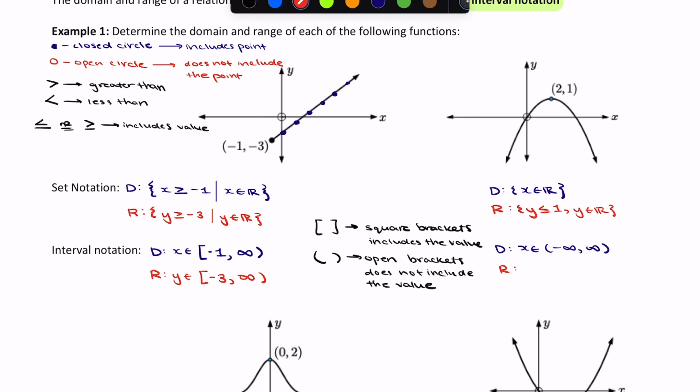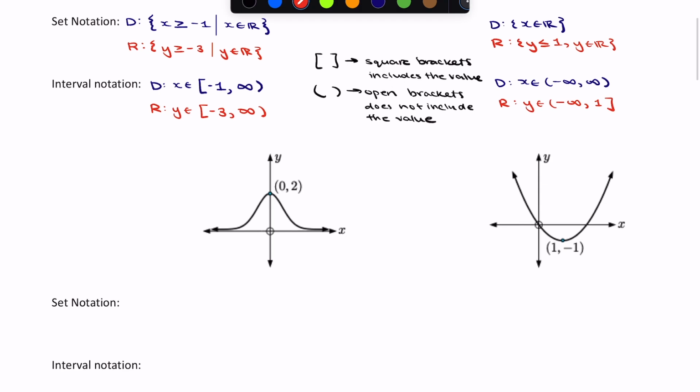And for our range, it goes from negative infinity and stops at 1, but it includes 1.